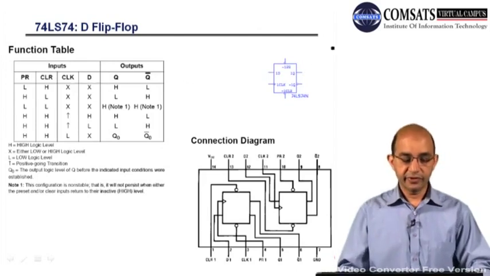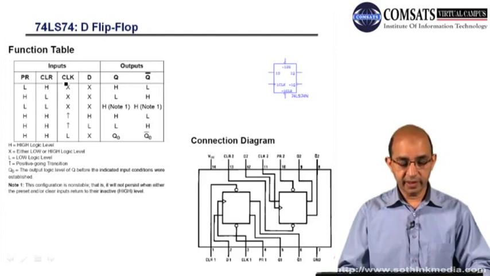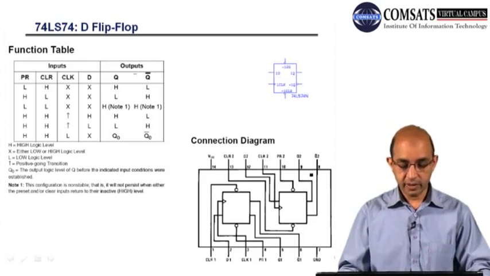The only difference is that we have preset and clear, which we have not discussed so far. But the rest of the entities are the same: clock, D, Q bar. These are the inputs and these are the outputs. But here we have only two D flip-flops.